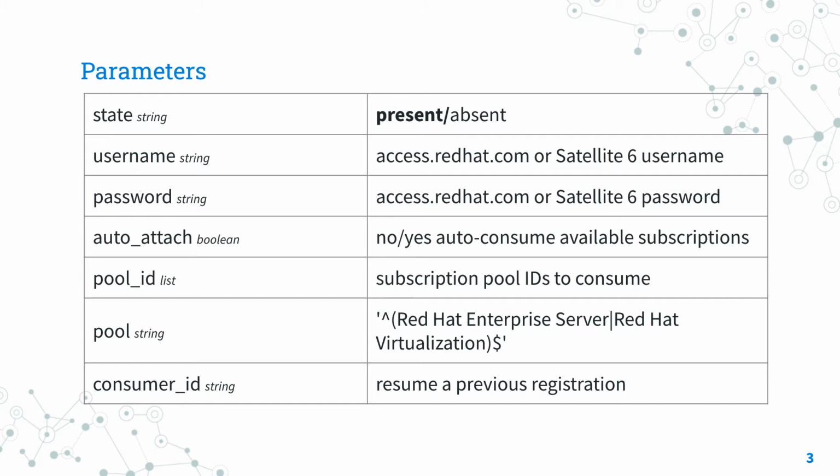Alternatively, you can specify manually the ID in the pool ID list, or a text with all the Red Hat products that you want to add into the pool parameter. Another interesting option is the parameter customer_ID to resume a previous registration.